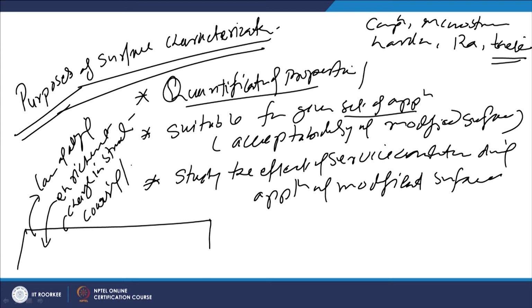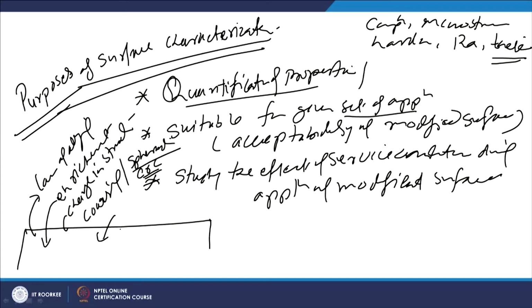Spheroidization in steels is one typical example of this, graphitization is another, and then formation of chromium carbide in chromium-molybdenum steels and austenitic stainless steel is another example, wherein modified surfaces at a high temperature are adversely affected due to an undesirable change in the microstructure of the material.